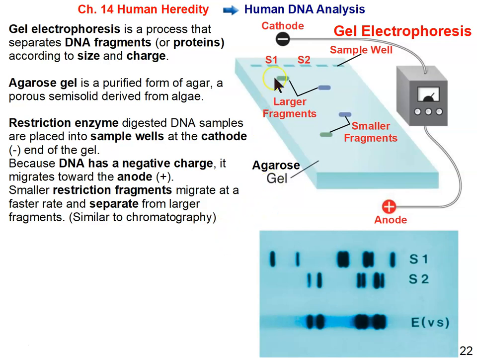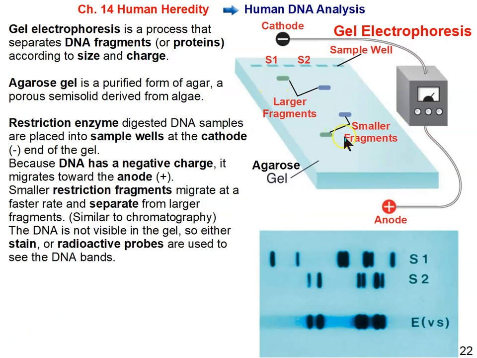Just like the ink moved up the paper and separated out the pigments from the ink, or the leaf juice moved up the paper and separated out the pigments in a leaf, the same thing's going on here. The only difference is we're not using paper, we're using agarose gel, and we're not relying on capillary action for the movement. We're relying on an electrical field to move the DNA through the gel. But it's really the same thing.